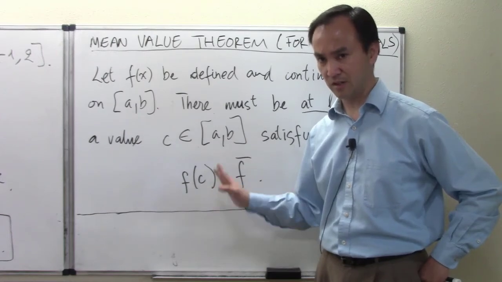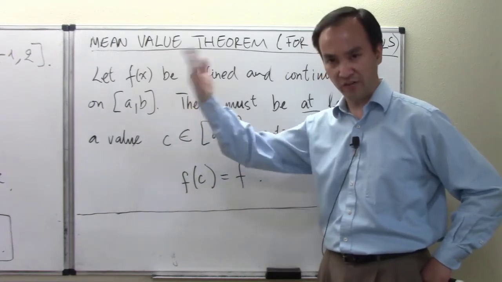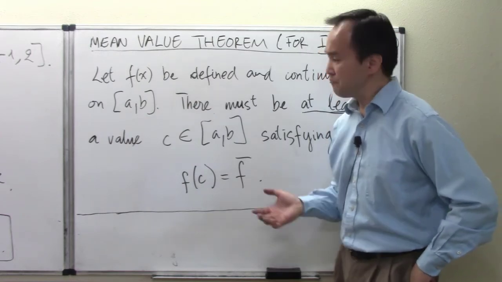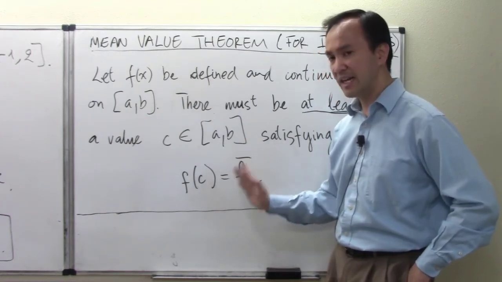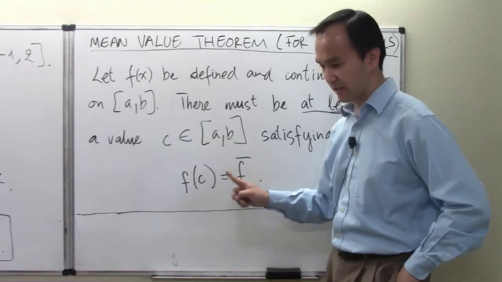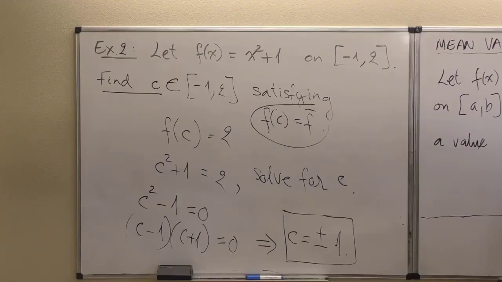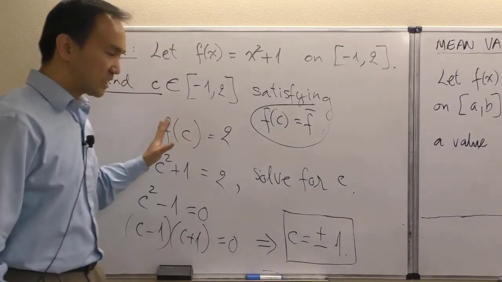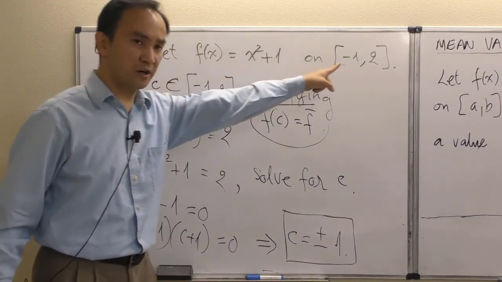But the real usefulness comes out when we arrive at a more advanced course in mathematics. But right here I can point out that this theorem, at least for me, back to this problem, see, I was looking for a C value.